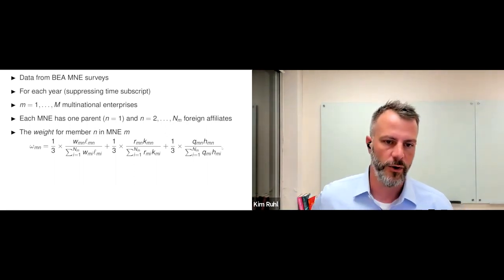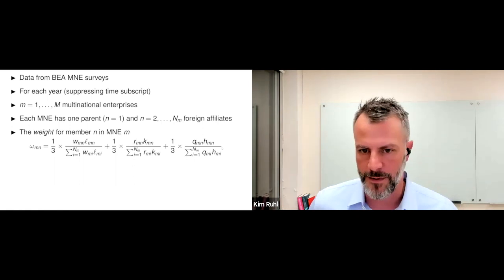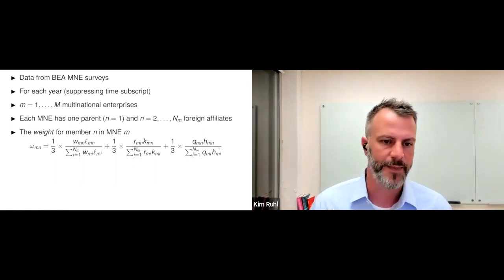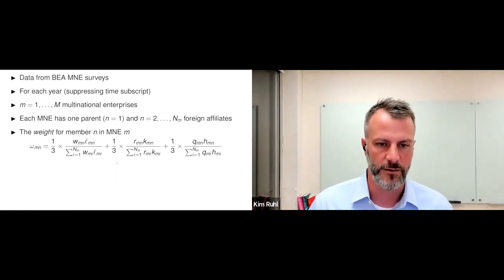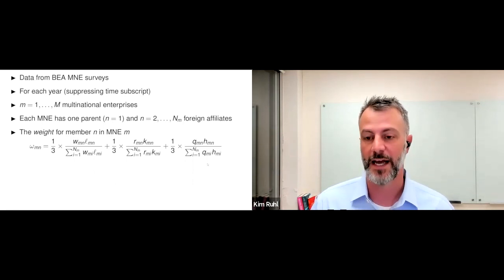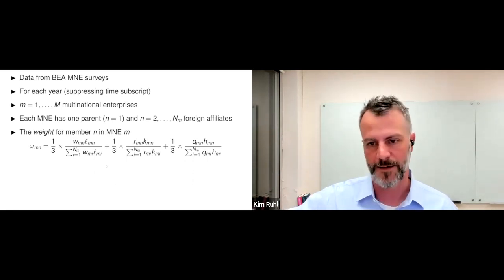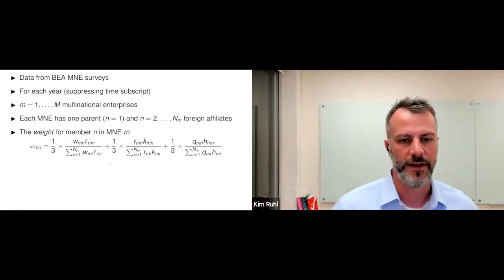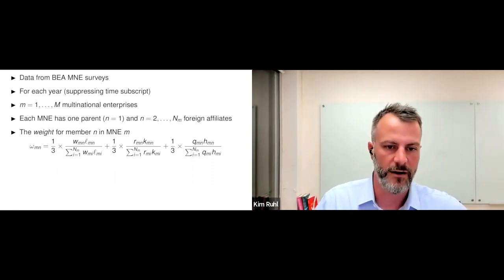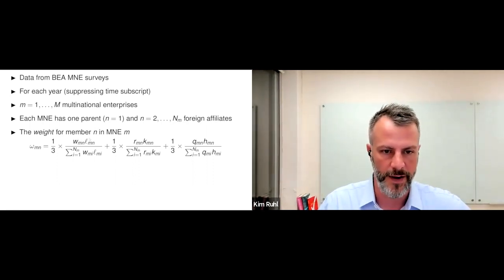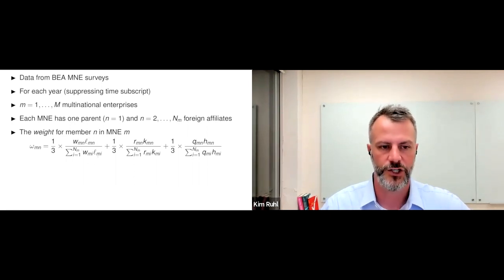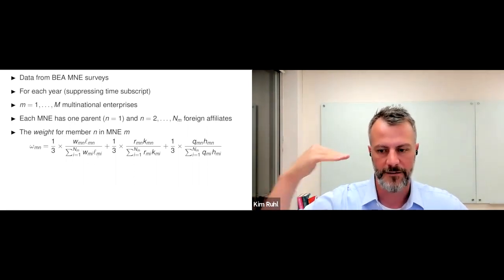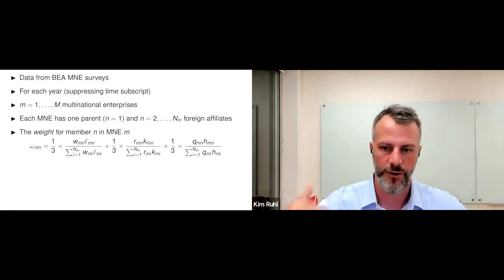Right? And what we can show, and we show in the paper, is that each one of these terms should be identical. If a firm's optimizing, the share of that firm's payments to labor relative to all the payments in the firm should give me that firm's share of total profits within the firm.